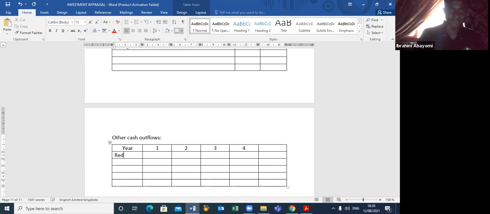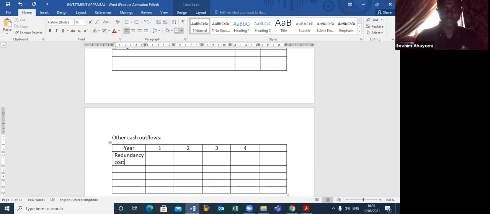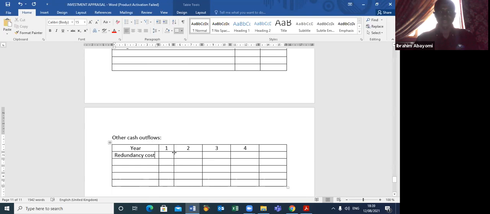That's the first one. Redundancy cost is in year 4, and it's 4 million.